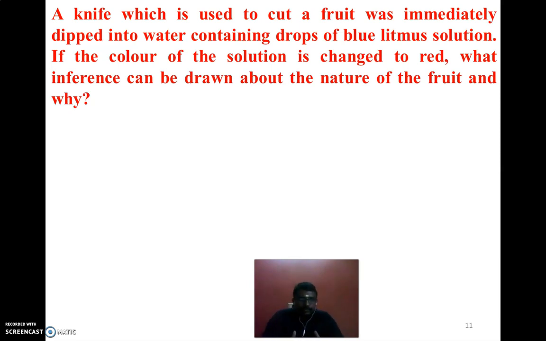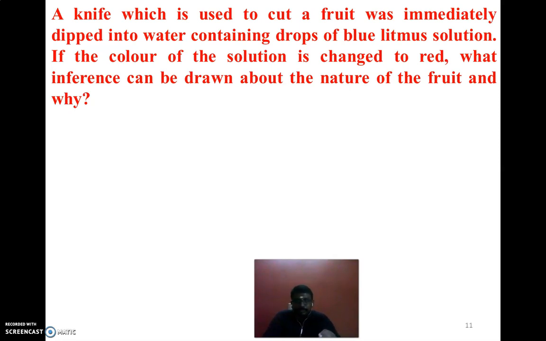We have to cut one fruit with a knife, and that knife is dipped in water. That water contains drops of blue litmus solution. When we dip that knife in the water, the color of the water changes to red. The blue litmus solution changes to red.